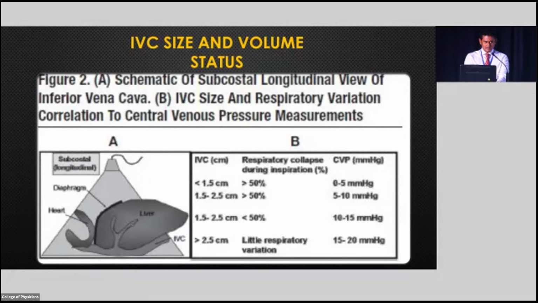I've seen a lot of people measuring CVP and looking at the number, and they tend to give fluids. But in many studies, CVP has shown that the number or even the change in the number does not predict whether the patient is going to be fluid responsive or not.